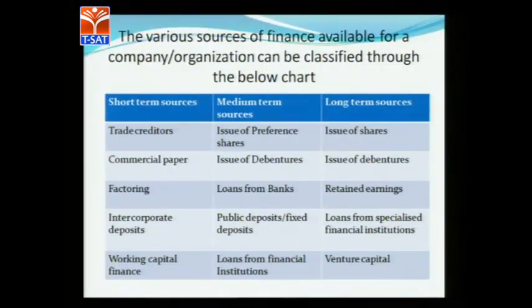let us have a quick look at the table. In short-term finance, we have trade creditors, commercial paper, factoring, intercorporate deposits, and working capital finance. Trade creditors, we discussed earlier, are the suppliers of our business goods, and they expect money sometime later.